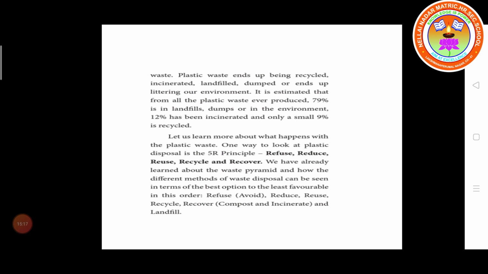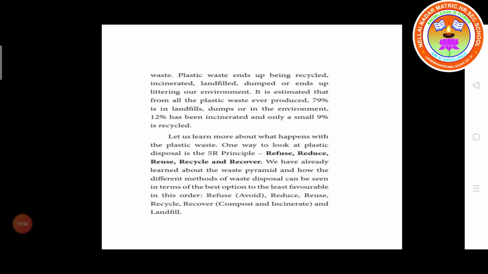So let us learn more about what happens with the plastic waste. One way to look at plastic disposal is the 5R principle. So you have to follow the 5R principle. We can reduce the plastic waste. So what is the principle? First one is refuse, second one is reduce, third one is reuse, fourth one is recycle, then the last one is recover.